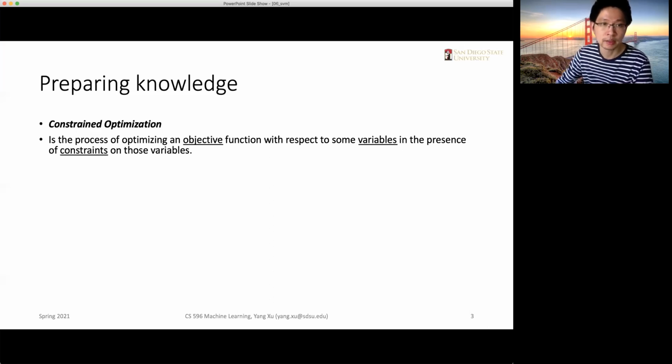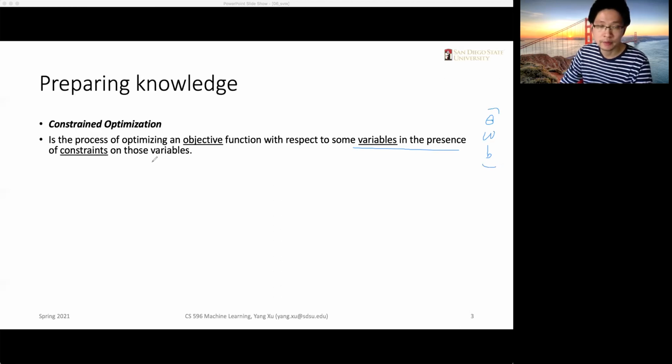The difference is that previously, the cost functions were defined with respect to the parameters of models. We have thetas, w's, b's. These are the variables that we are interested in.